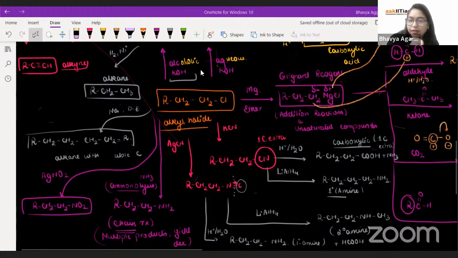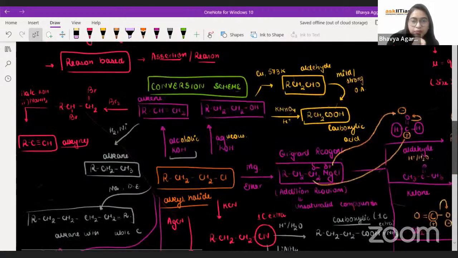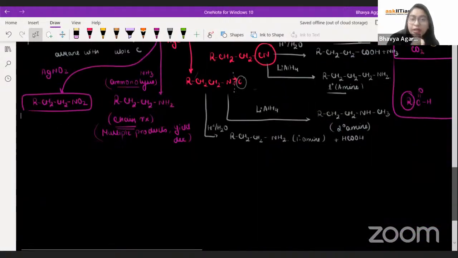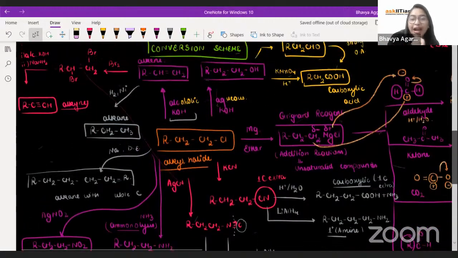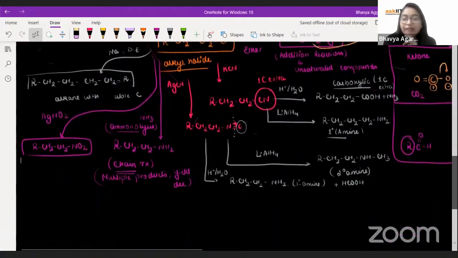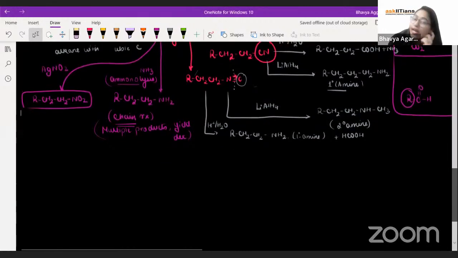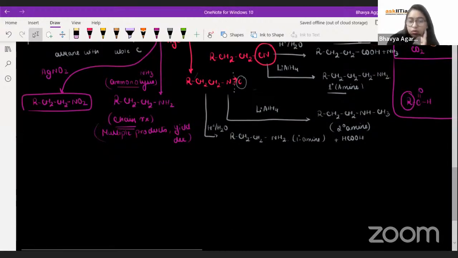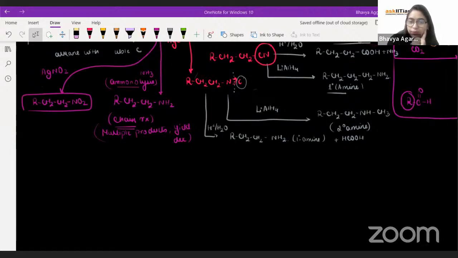All right. Now, the way we have created a scheme for alkyl halides, in the same way we can have a conversion scheme for aryl halides too. That is for phenols. Okay, so shall we start with it?